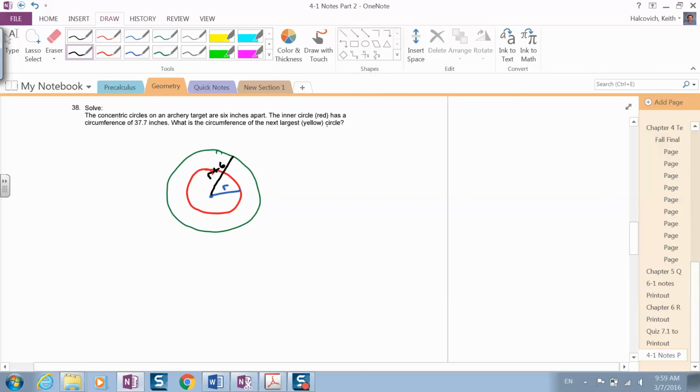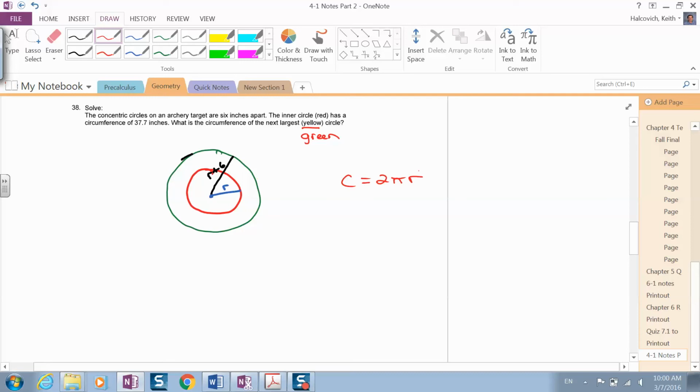The inner circle, red, has a circumference of 37.7. What is the circumference of the next largest circle? And we'll change that to green. So remember, circumference is equal to 2 pi r.